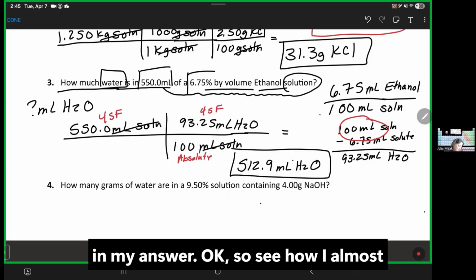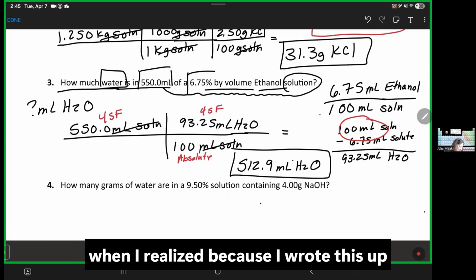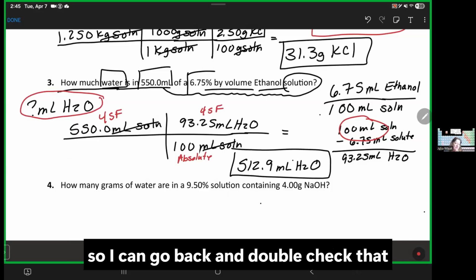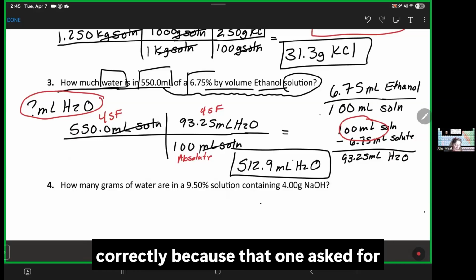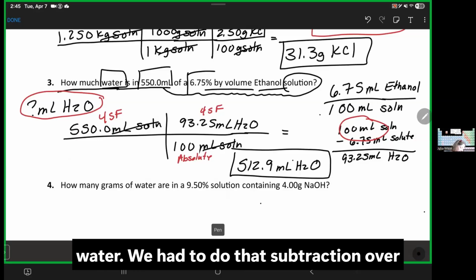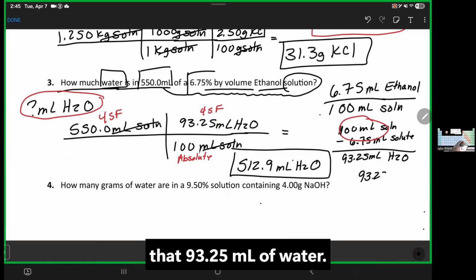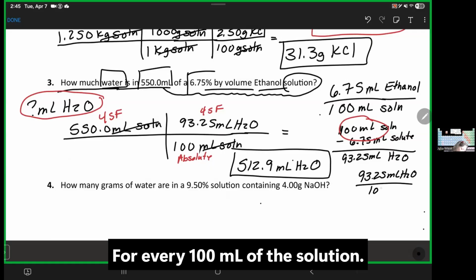Okay, so see how I almost messed that one up? It was when I realized, because I wrote this up here. Okay, I always write my question down so I can go back and double check that I'm doing it correctly. Because that one asked for water, we had to do that subtraction over here to get our conversion factor, that 93.25 mils of water for every 100 mils of the solution.